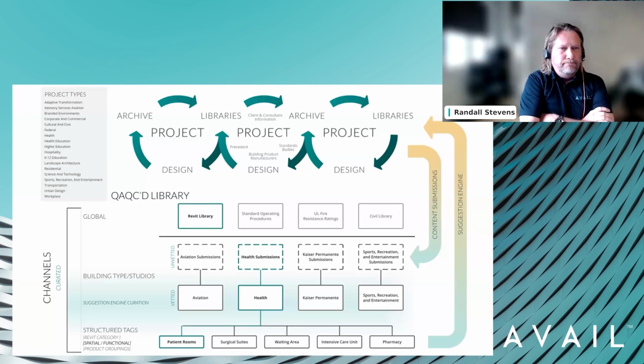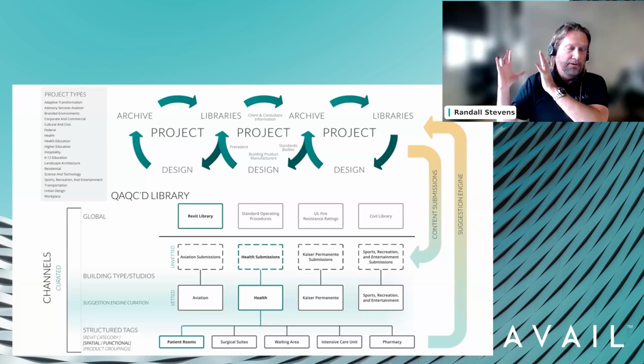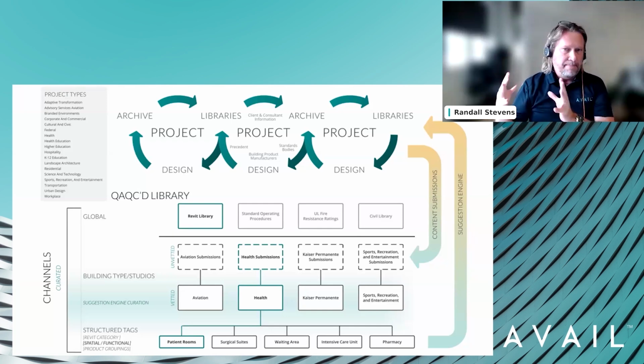Some of you have seen this because you've been on roadmap calls with me the last few months, where we've been trying to use this to talk about the direction. But big picture, we've done a lot over the years in building out Avail to be the best in class library management, how to get back to these reusable assets.